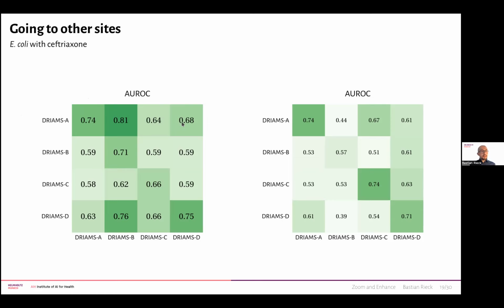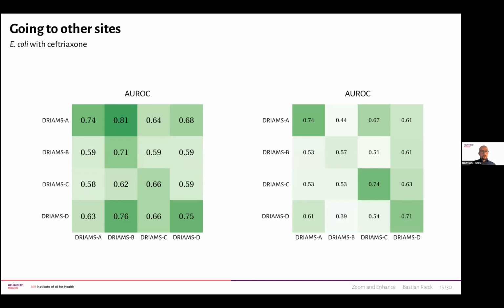You can see that we're not living in an ideal world here, because when we go from A to B, for instance, we get a little bit better. When we go from A to C, we get a little bit worse, and so on and so forth. So there's clearly some underlying issue here, and we don't get easy domain transferability for these data.